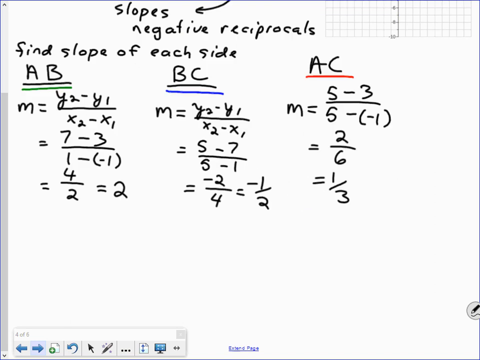So we've got all 3 of our slopes here, and we have to ask ourselves, are any of these slopes negative reciprocals of each other? And sure enough, these 2 are, because I'm just going to point to them and say negative reciprocals.